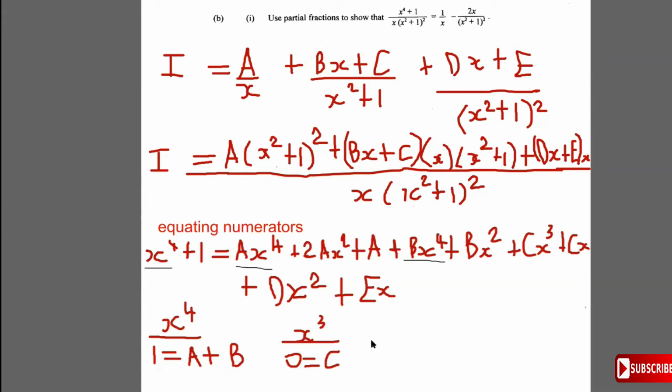And then equating x squared terms, there's no x squared term over there, and so 0 is equal to the x squared term over here, which is 2a plus b plus d.